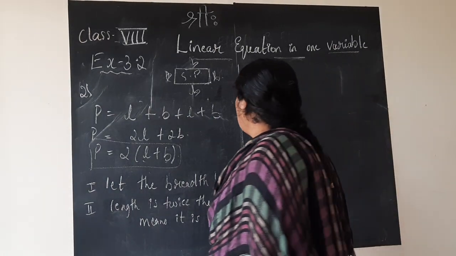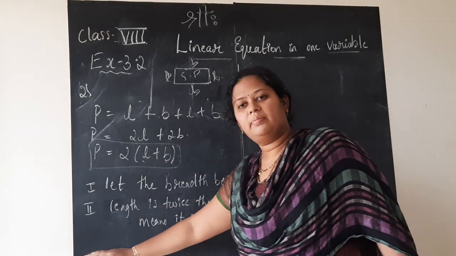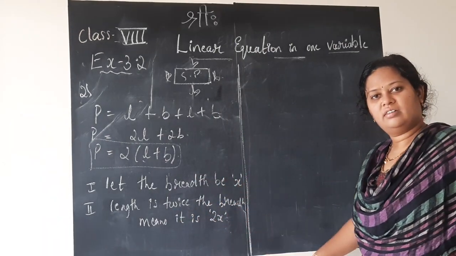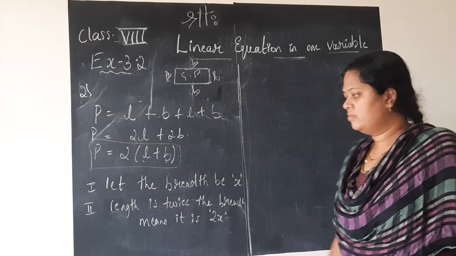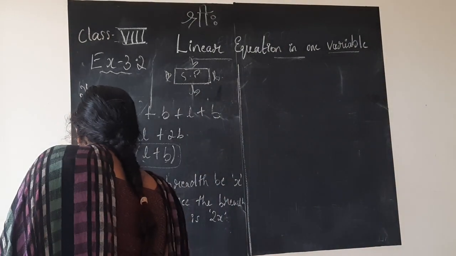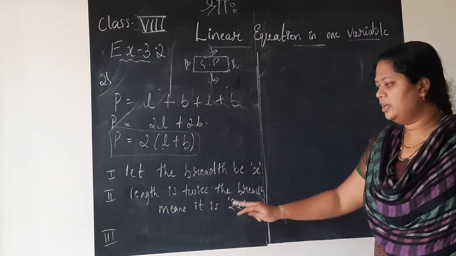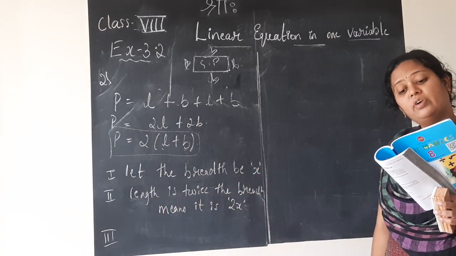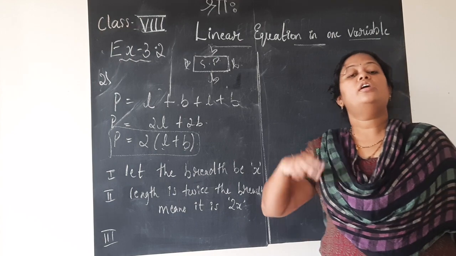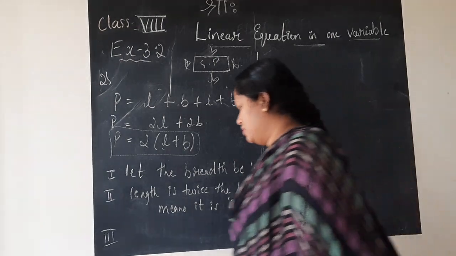In the third step, they are telling one more piece of information, that length is 2 meter more than twice the breadth.